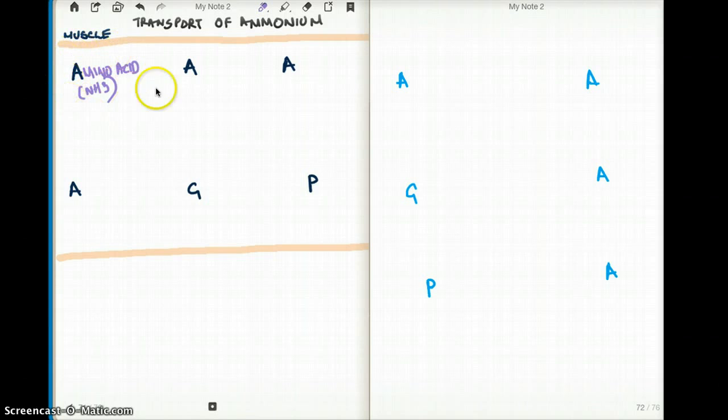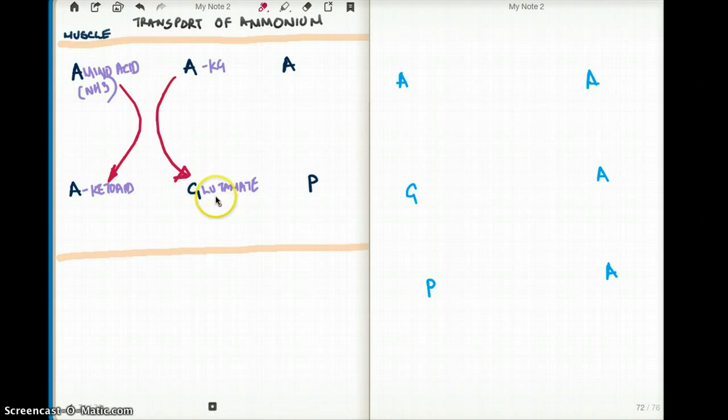Now our amino acid is going to be converted to alpha ketoacid. At the same time, we are going to be converting alpha ketoglutarate. So A for amino, A for alpha ketoacid, A for alpha ketoglutarate. It's going to convert alpha ketoglutarate to glutamate. And now this amino group is going to come from here all the way to here.